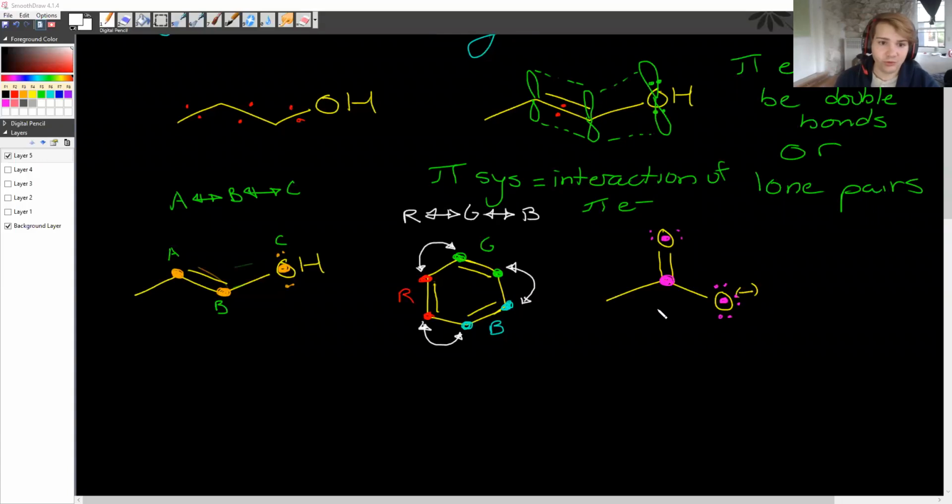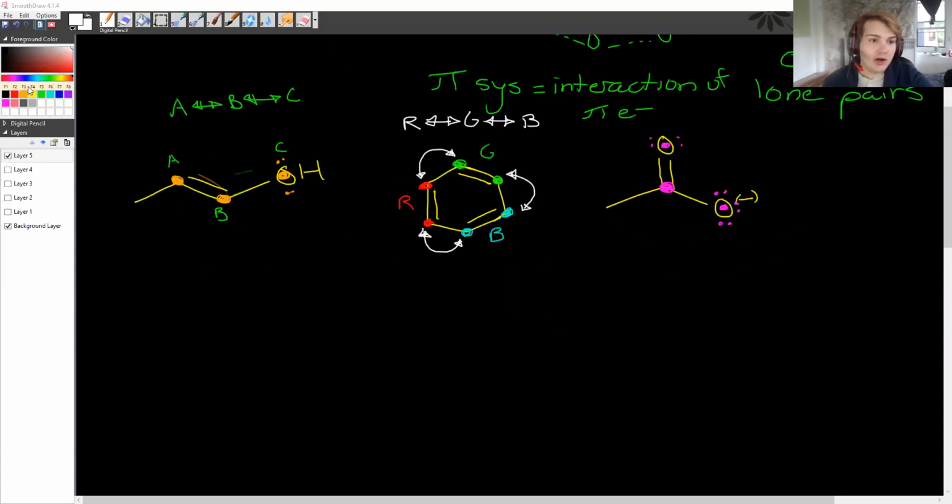Yes, kind of, sort of, maybe. So by contrast, what I want to show you is this molecule. Can the two double bonds interact with each other? Well, I'm going to put dots on the carbons that are involved in pi systems.